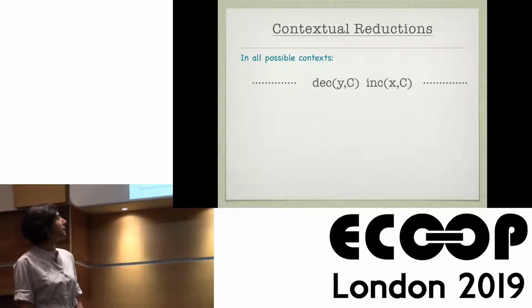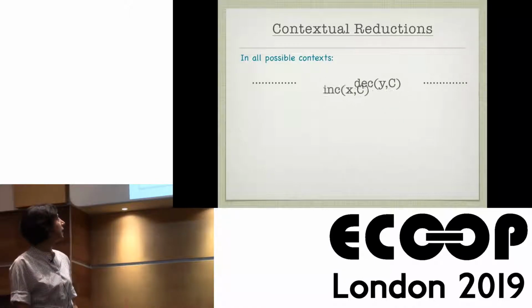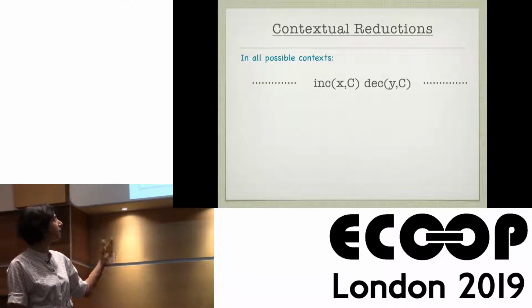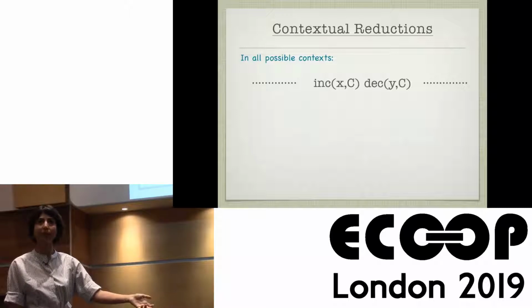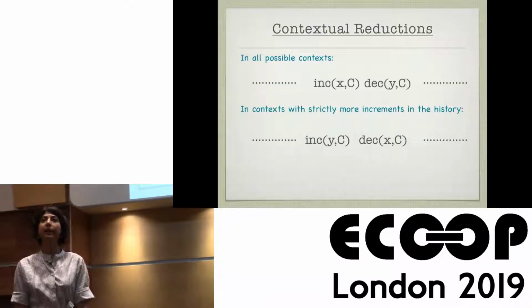So I already told you about the semi-commutativity property of decrement against increment. So I know that that is still going to hold, right? Whenever I have a decrement before an increment, I can push it to after. But there is something far more interesting happening, and that is the fact that in certain contexts in the program, but not in all contexts, I know that the decrement and the increment fully commute.